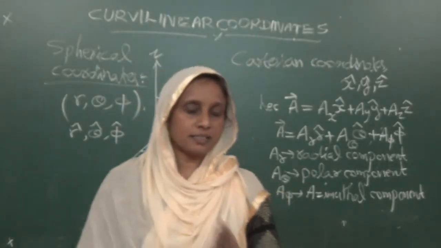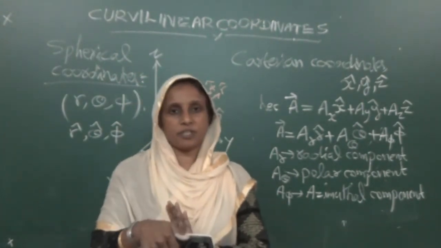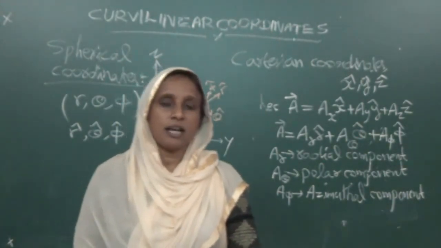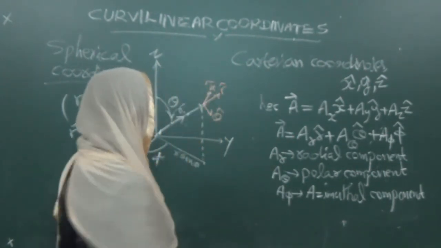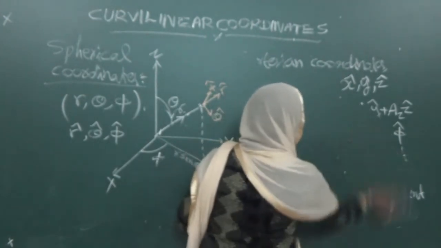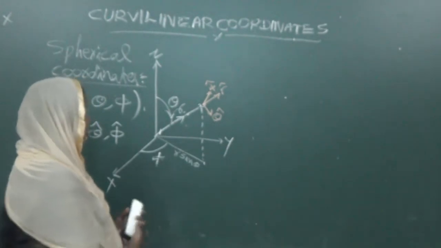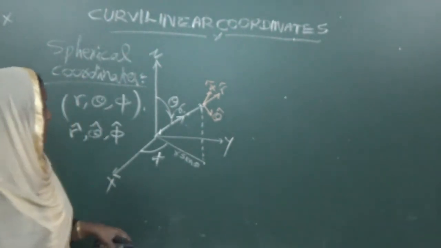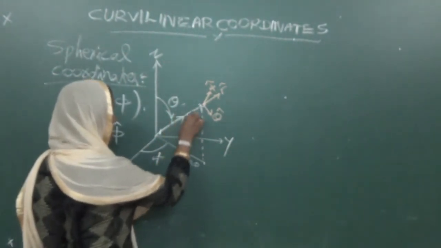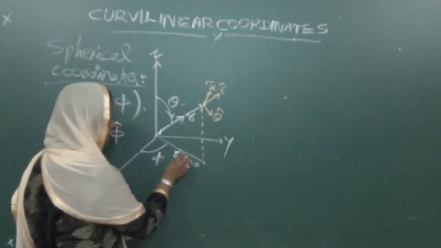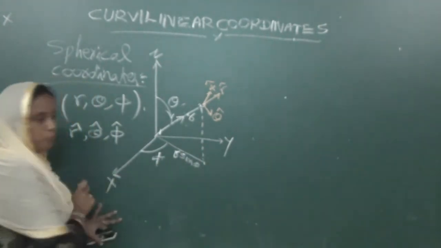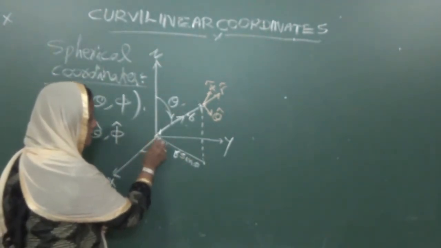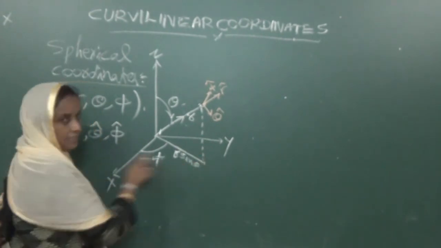We can find out the relation between the Cartesian coordinate system and the spherical coordinate system. Now we can already see the expression here. This is vector r and this is r sin theta. You can write that this distance is given by r sin theta.